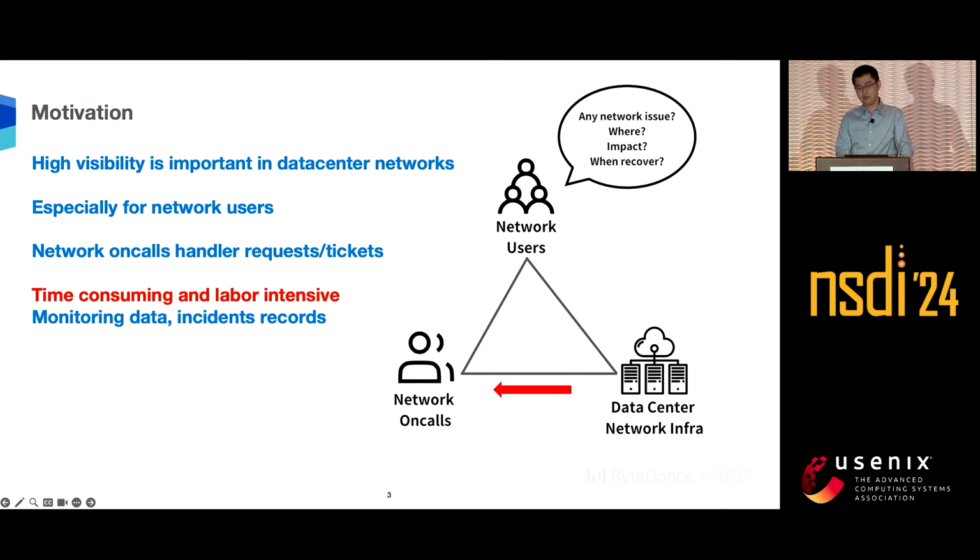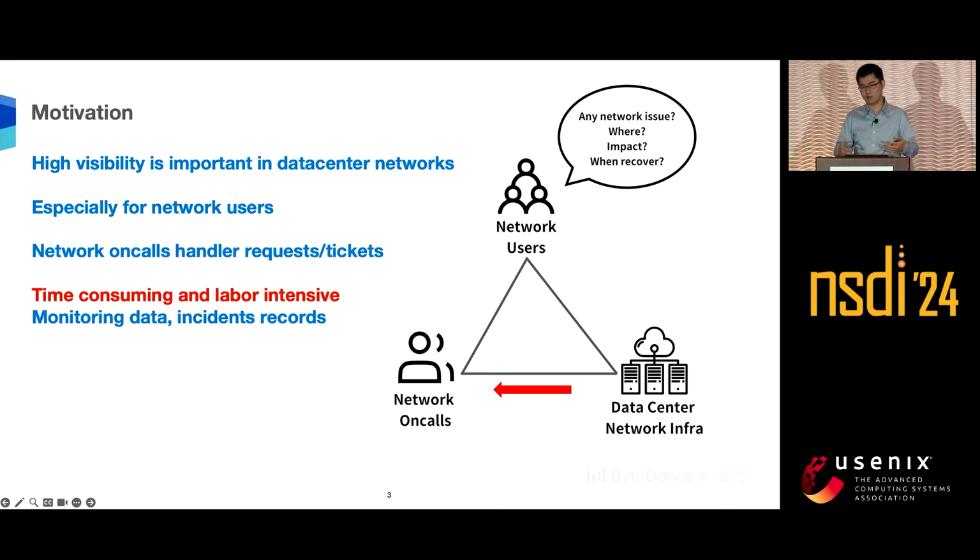However, we noticed that this is very time-consuming and labor-intensive work. Why? Because in current data center networks, first, the monitoring data volume is very huge. And second, maybe other people don't know, there are tens of thousands of different small incidents every day.